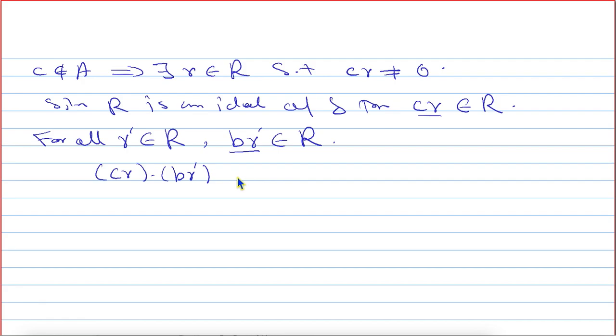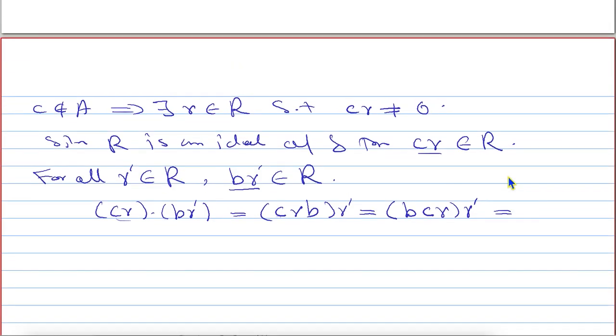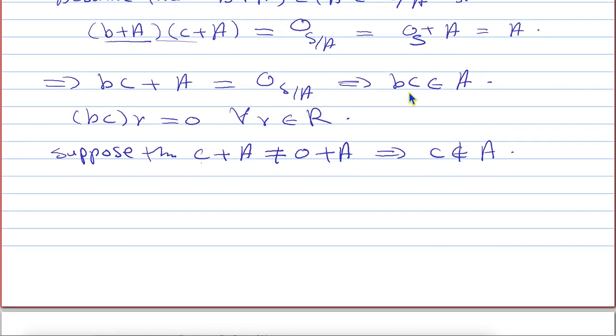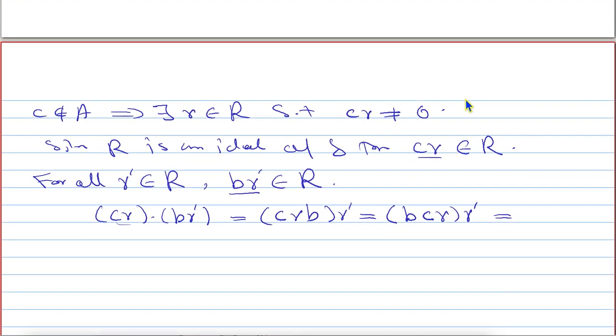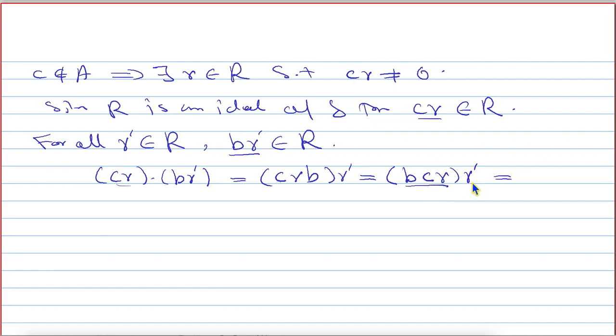This equals Cr B with r prime. And since R is commutative, this will equal BC r then with r prime. But we have shown that BC is in fact an element of A, so it annihilates any elements of R. So this equals 0 dot r prime, which is 0.